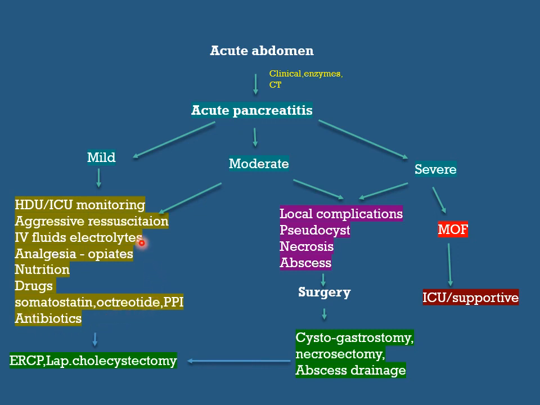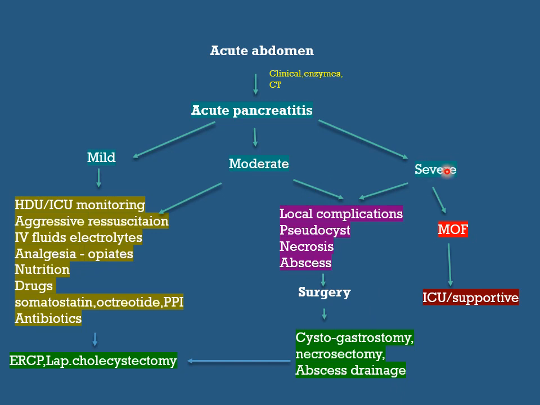And when the patient is stable, you subject the patient to ERCP sphincterotomy and laparoscopic cholecystectomy. In moderate cases, besides all this treatment, there may be local complications which may need surgery. And these complications will be pseudocyst, necrosis or abscess, and this surgery is cyst gastrostomy, necrosectomy and abscess drainage.